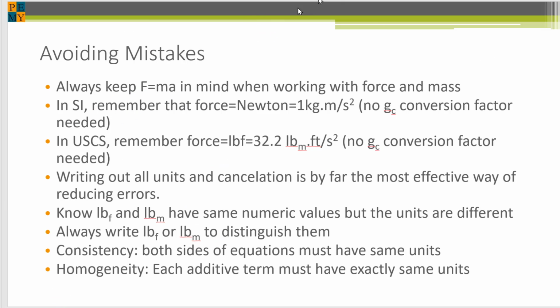Now when working with units, it's best to be systematic to avoid mistakes. You always want to keep F equals ma in mind. In SI, you had best know that a Newton is this unit combination. It's easiest just to remember it so you don't have to constantly look it up. And of course you have to know the USCS version of force.